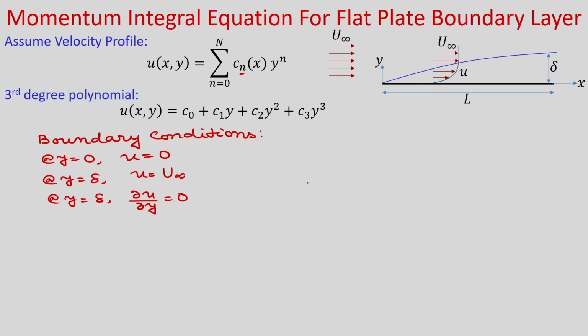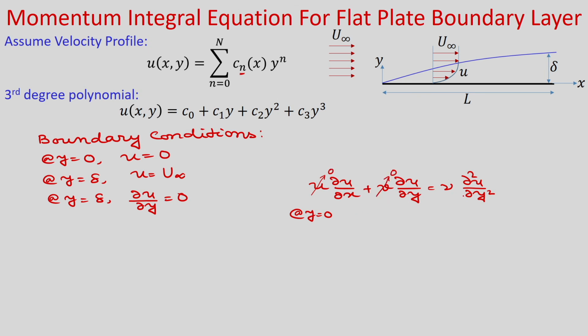For that we will use the governing equation u del u by del x plus v del u by del y is equal to nu del 2 u by del y square. So, this is the derived boundary condition and we will put at y is equal to 0, obviously you can see that u is 0, and at y is equal to 0 v is 0.